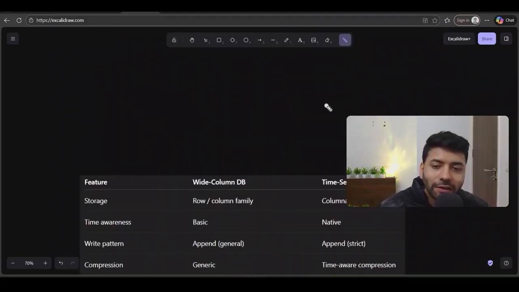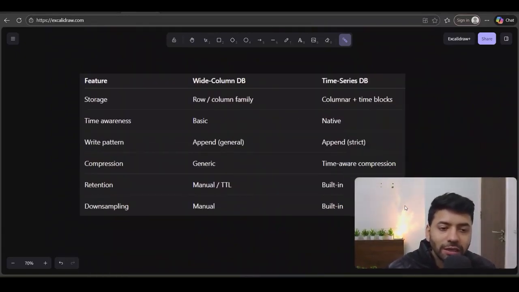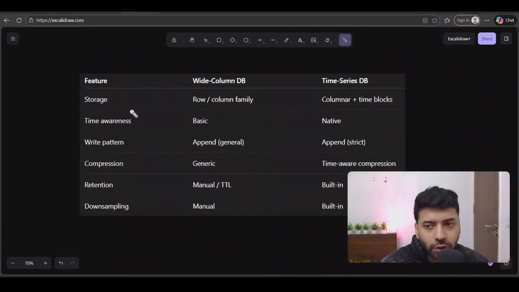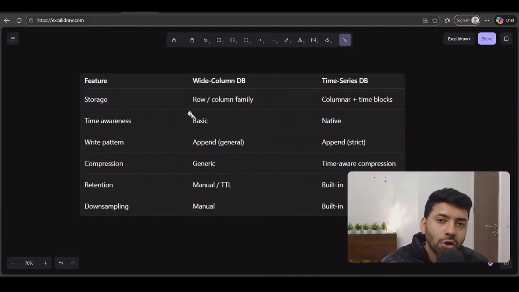Next, let's see the differences between both of these in terms of storage engine. When we talk about storage in a wide column database, it is based on the row key and the column families or dynamic columns. Corresponding to the row key, you have the column family and then a dynamic number of columns. Whereas in a time series database, it is a combination of columns and time blocks.